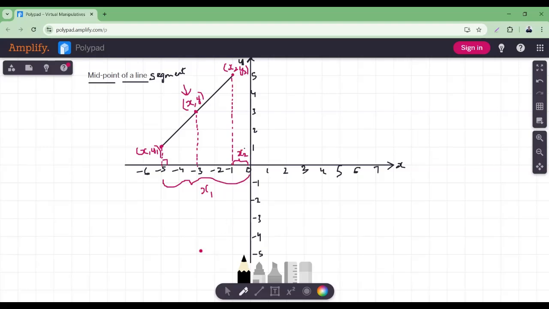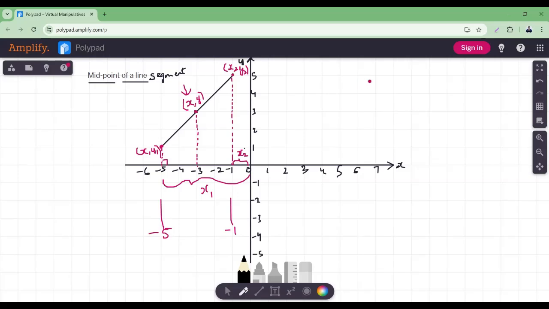Now, how can I find the midpoint between these two? That means I have to find the middle point between this and this, the center point between -1 and -5.